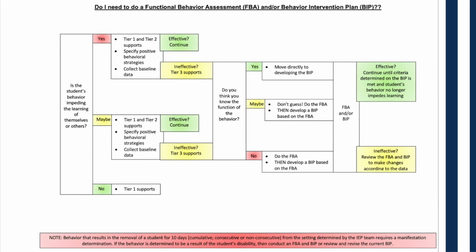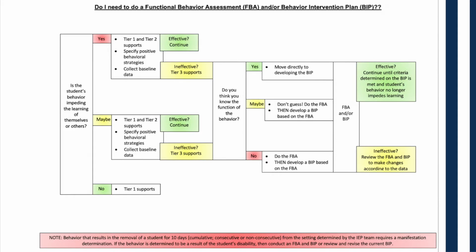and Tier 2 supports. But if we find that they are ineffective and we are still continuing to have the student's behavior impeding the learning of themselves or others, then we need to consider what the function of that behavior is. If we have a clear idea of hypothesized function, then we could move directly to developing the behavior intervention plan.